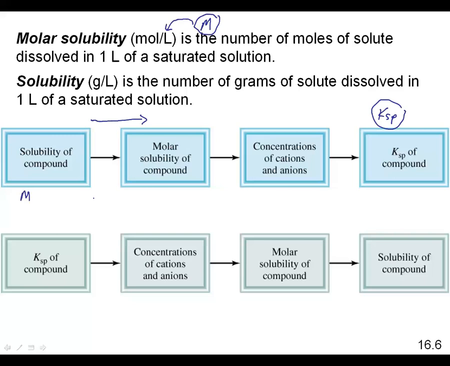Then you need to figure out the concentration of the ions, the positive ion's concentration and the negative ion's concentration. And then you can put it into this expression, your positive ion and your negative ion. Your products would be these ions, and your reactants would be solids. By figuring out those concentrations, you can plug and chug into here.